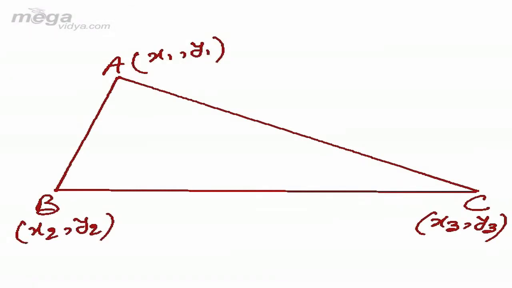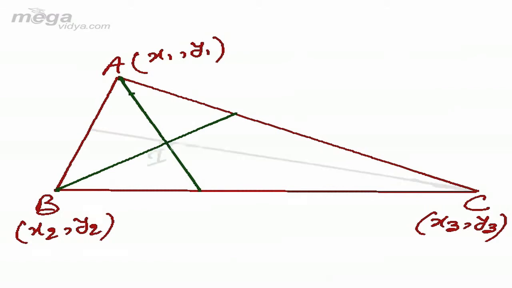So student, here also I am drawing the figure. This is the triangle ABC whose vertices are (x1, y1), (x2, y2) and (x3, y3). Now we will draw the angle bisector of each angle. This is the first bisector, this is the second angle bisector, and suppose this is I, which is the incenter and which bisects the angles.